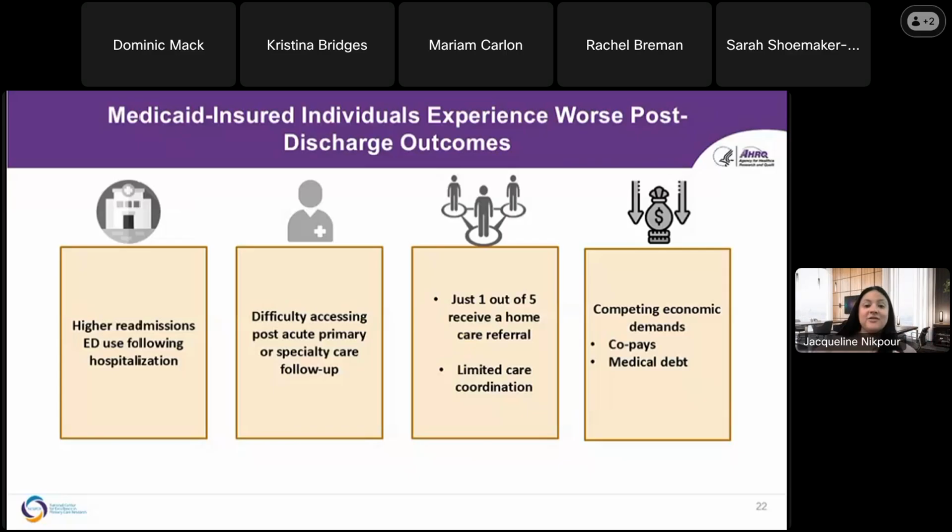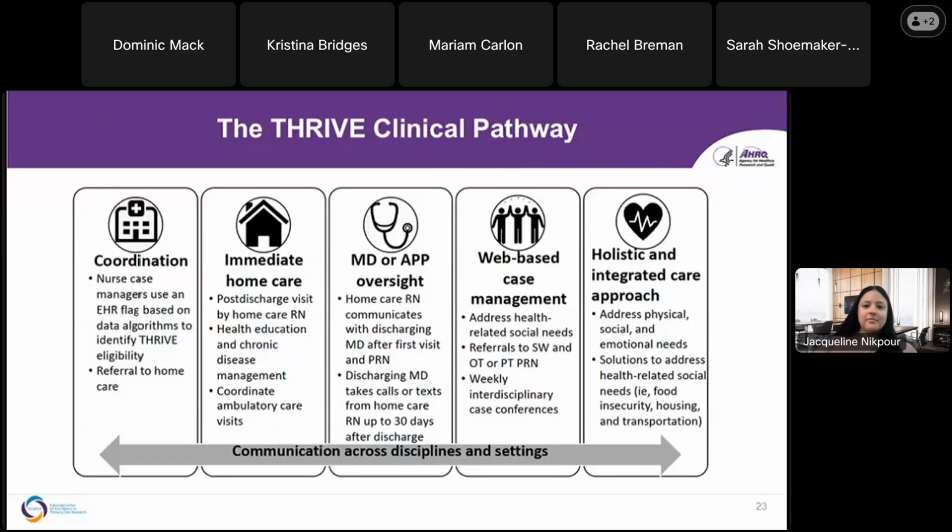And in fact, when we first started this program, only about 1 in 5 of our Medicaid insured patients were getting sent to home care. And then, as I mentioned, a lot of these patients have competing economic demands that can be exacerbated by a hospitalization and prevent them from getting their needs met and staying out of the hospital. Next slide, please.